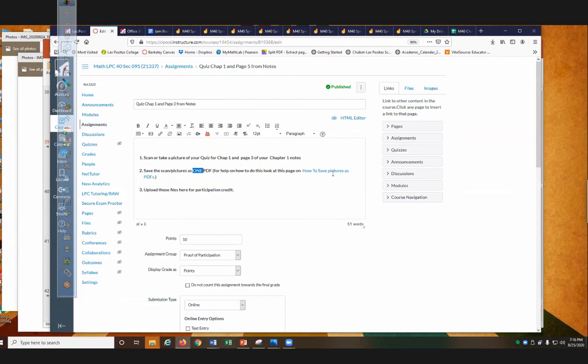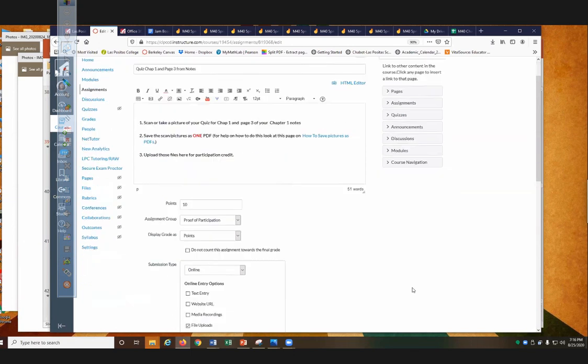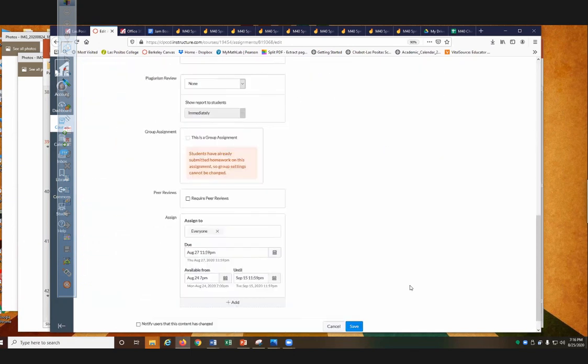And there's a video on how to save that as one file right down there. But it should be just one file. So go ahead and do that, and that is your proof of participation for the day. You should be able to do that now.